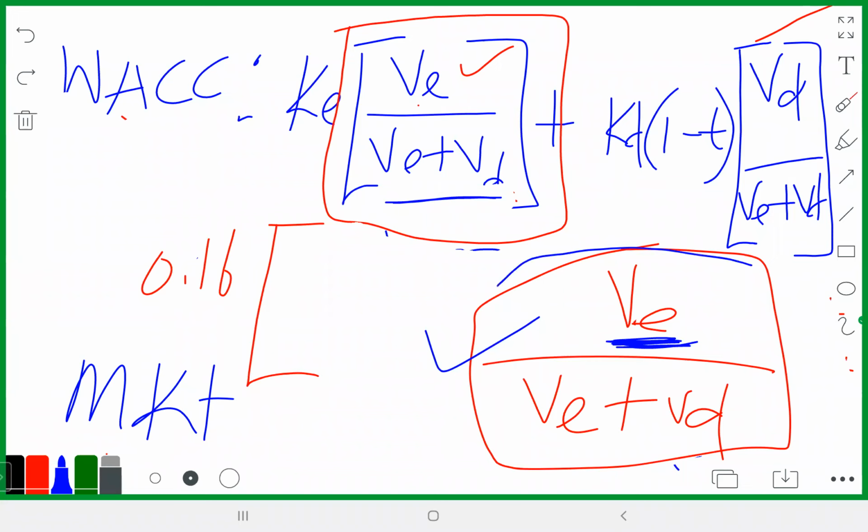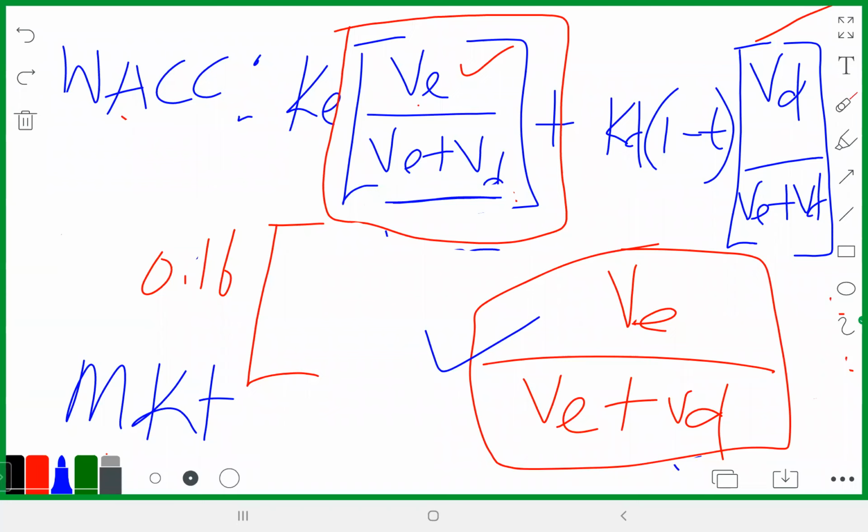So if in your question they have already mentioned that the market weight of equity is this much, on this part you just replace it by putting that value that they have said. Is that clear? Is the questionnaire fine with the explanation? Yes, sir.